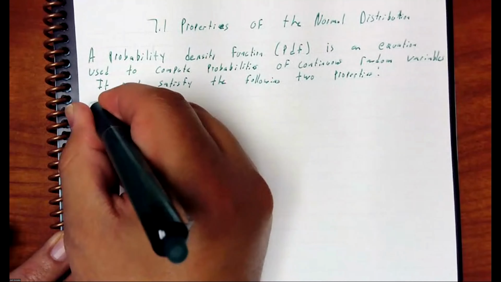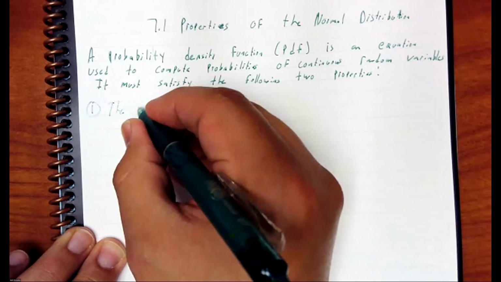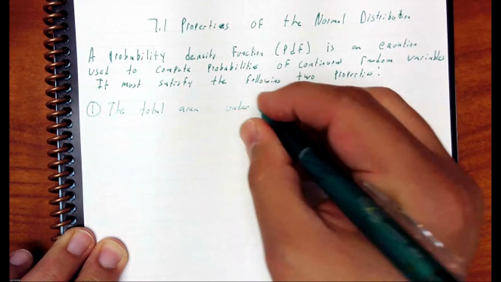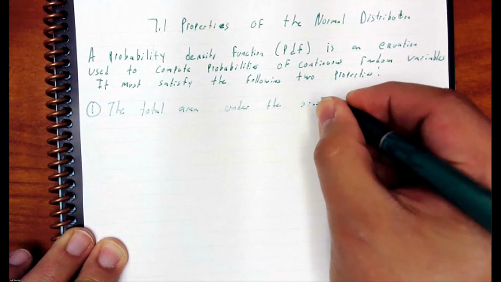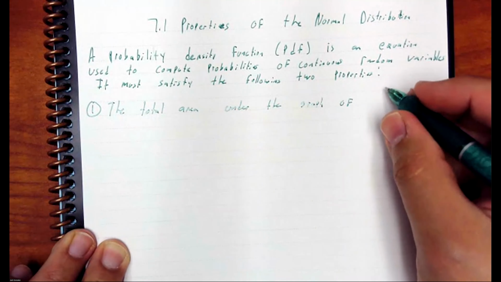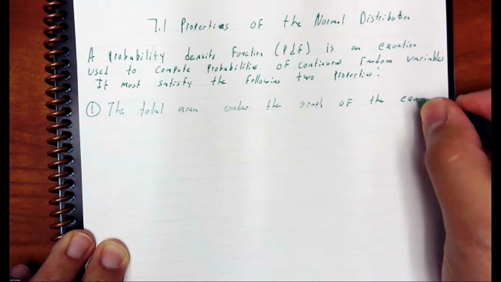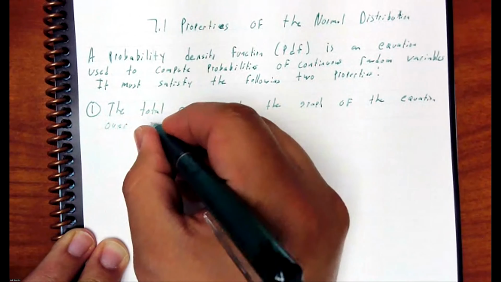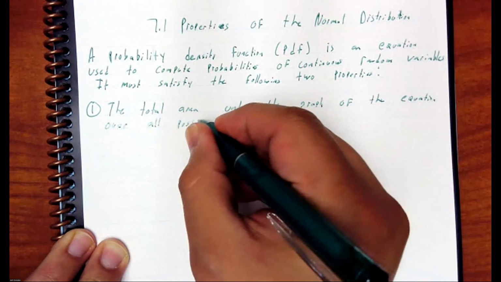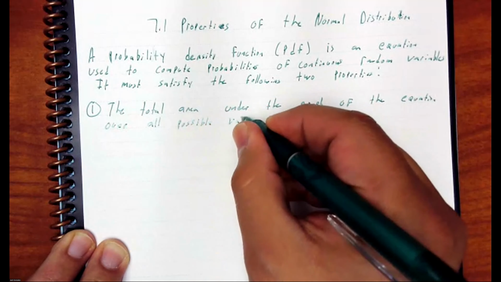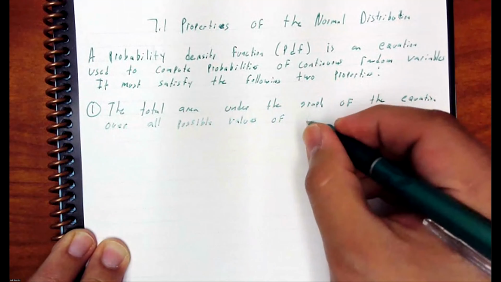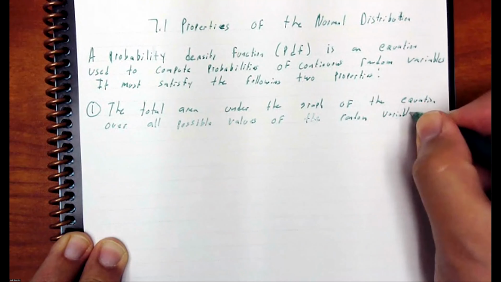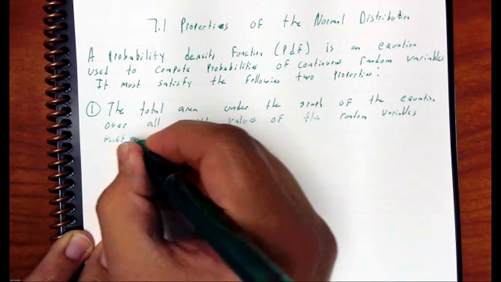So number one, the total area under the graph of the equation over all possible values of the random variable must equal to 1.